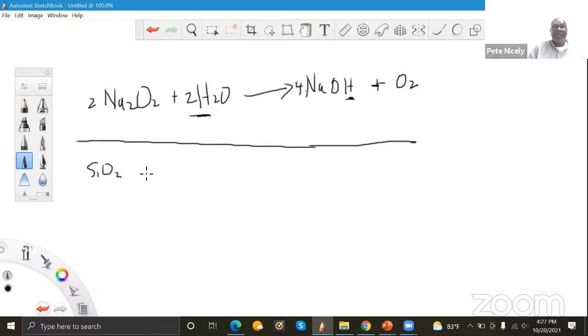Okay. And then what's the formula for hydrogen fluoride? HF. Okay, very good. And then on the product side, we have silicon tetrafluoride. So what's the formula for silicon tetrafluoride?